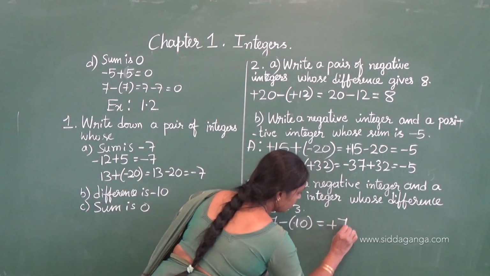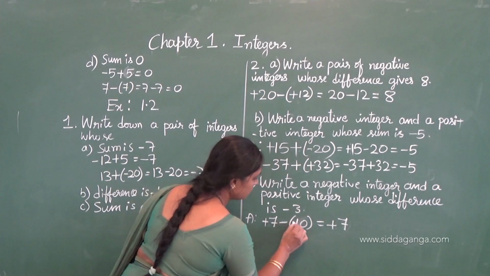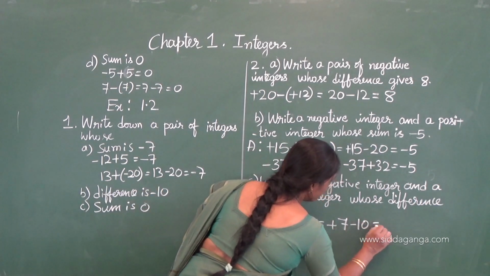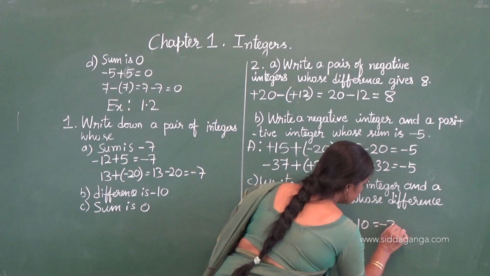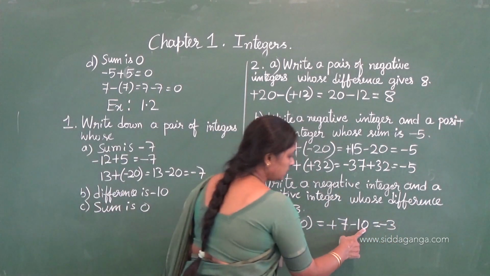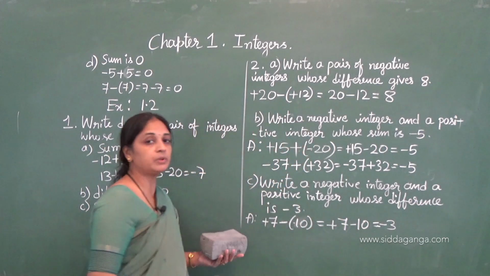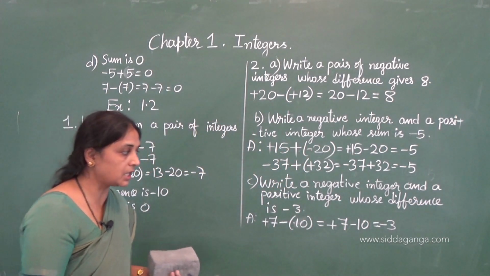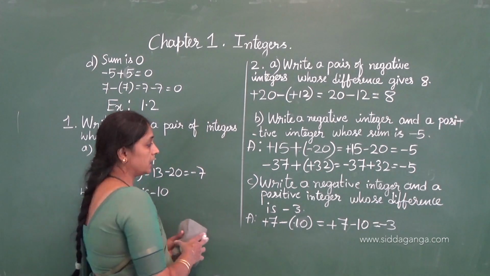Plus 7 plus minus into plus is minus 10. Here we get minus 3 as our answer, because taking out 7 from 10 we get 3 and 10 has the minus sign.